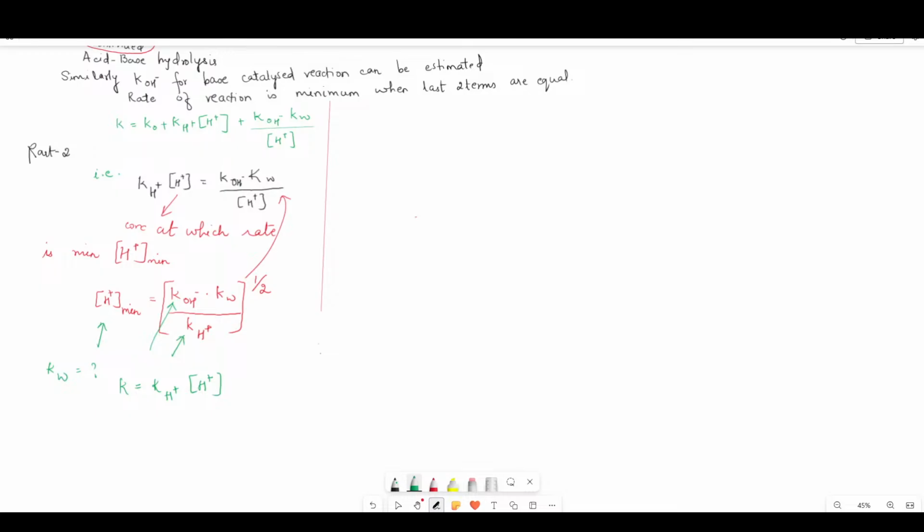If we take logarithms of both these things, log of k will be equal to log of this and log of this. They are in multiplication, so we will just add them. It is simple maths.